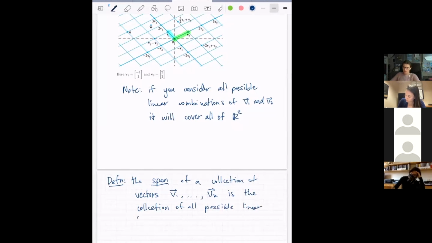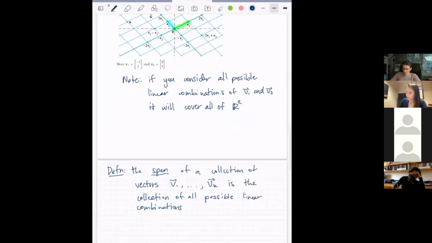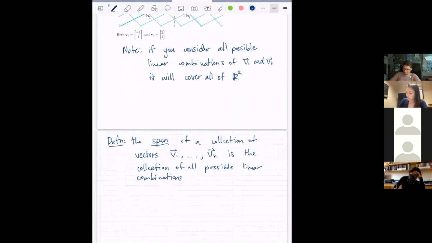So it's almost like a power set. It's not like a power set, it's a set, and it's generally infinite. But I think unrelated to power sets. Of all possible linear combinations of these vectors, V1 up to Vk.